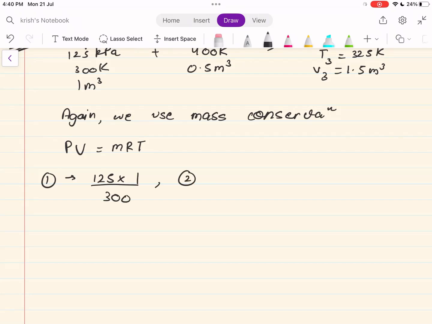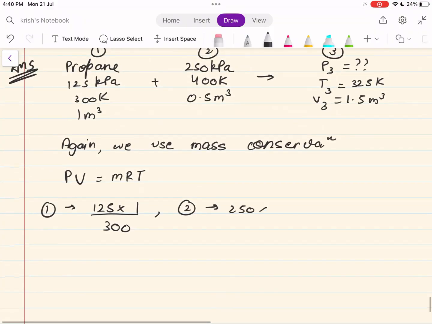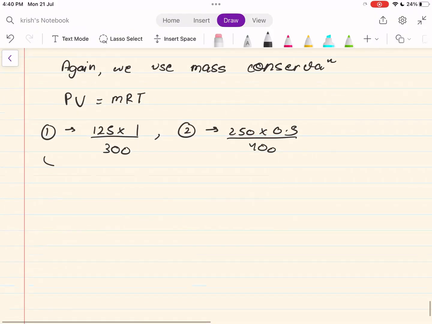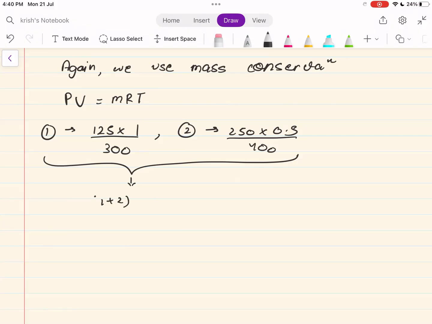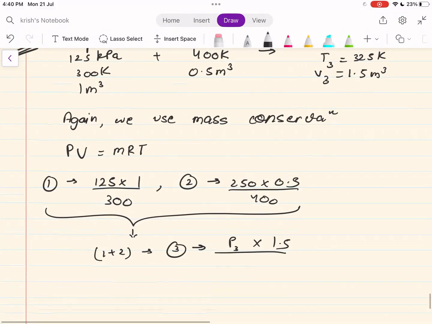The mass in tank 2 was 250 into 0.5 by 400, and then the final mass is added up because the valve is opened, and the mass at state 3 will become the pressure P3 into 1.5 upon the equilibrium temperature, which was 325 Kelvin.